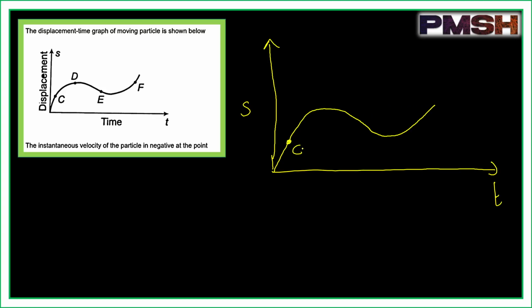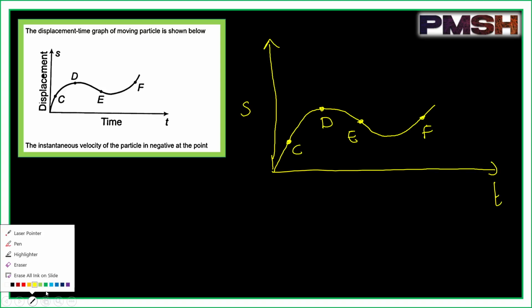This point is C, this point is D. Here they have given the point E, this is F. So we want to see the slope at C, D, E, and F. Where the slope is negative, there you have the velocity as negative. Clear? Because velocity is the slope of the displacement-time graph.